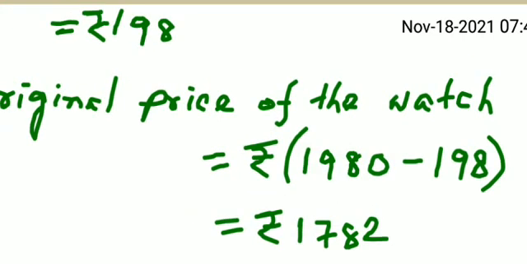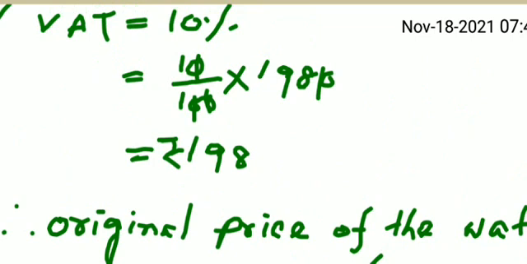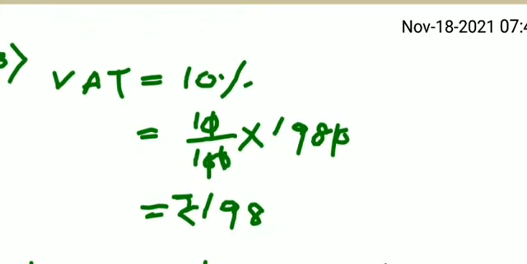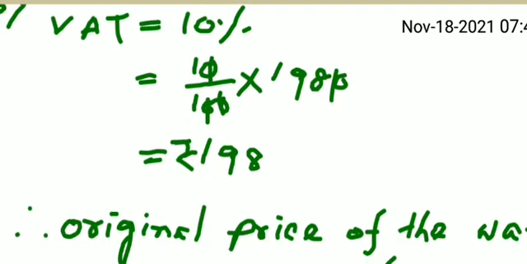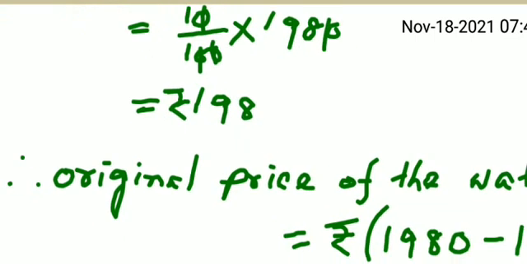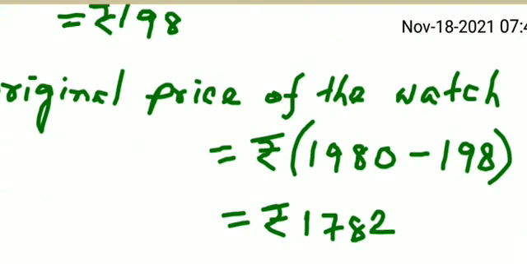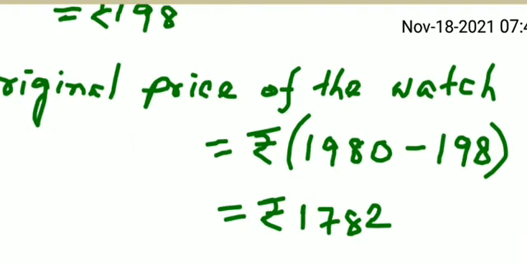Question number 3. Dear students, first of all, we have to find out the VAT. Here VAT is given 10%. So finding out the 10%, the amount that comes is 198, and after getting this, subtracting 198 from 1980, we get 1782.